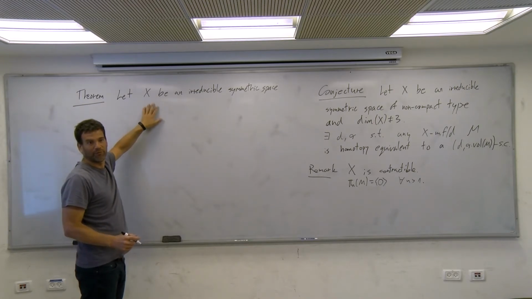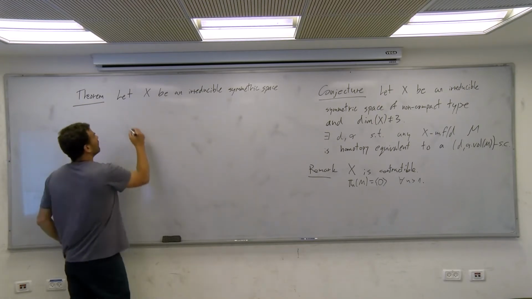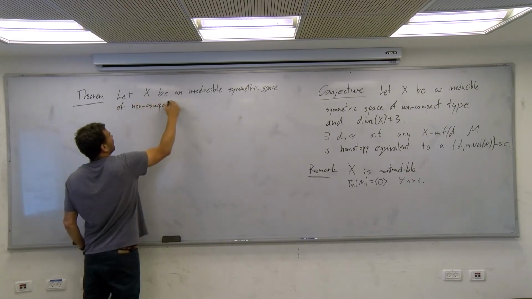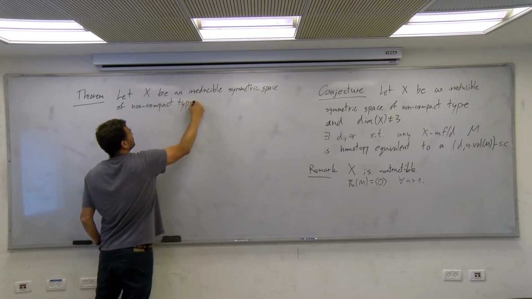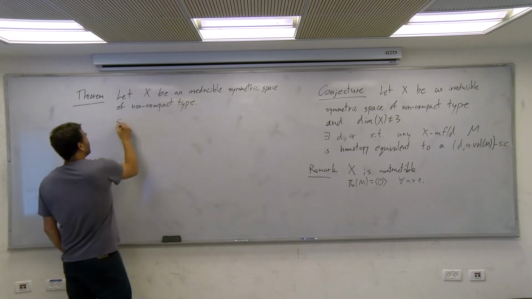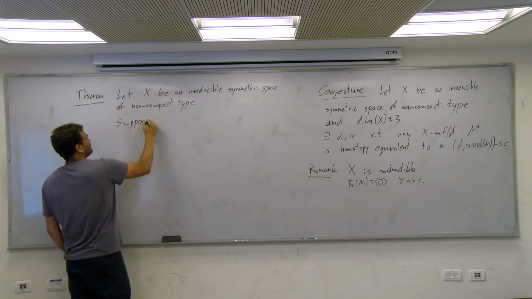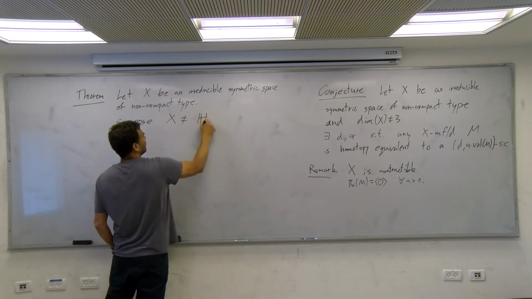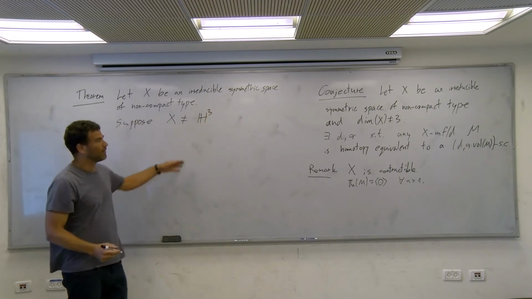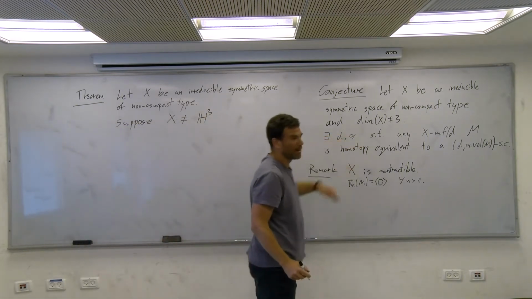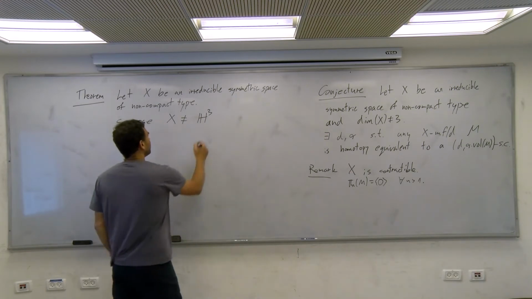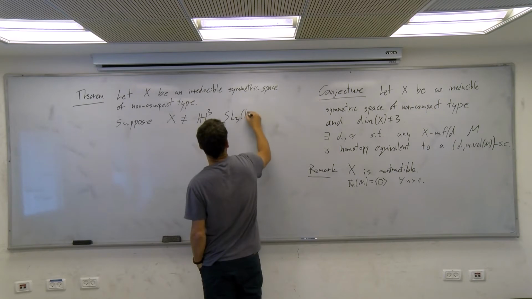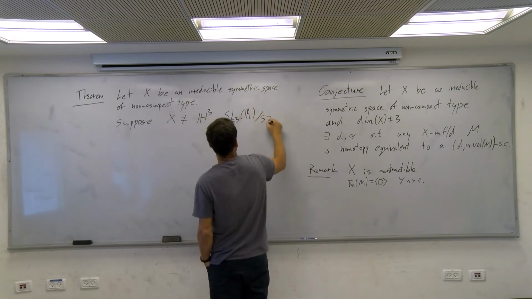For now you can think of the hyperbolic space. Suppose that X is not H3. But I also want to suppose that X is not SL3(R) mod SO(3).